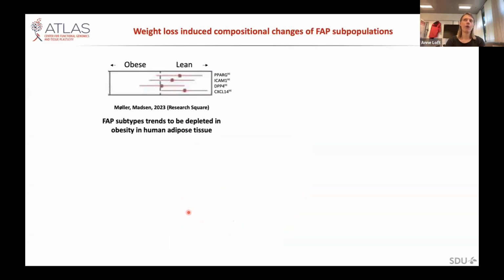So we further explored how the proportion of these fabs is regulated in response to the different modes of weight loss. Here it's known that in human obesity, these different fab subpopulations really tend to go down.